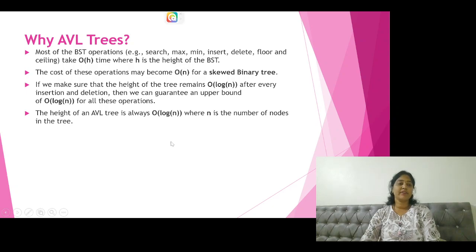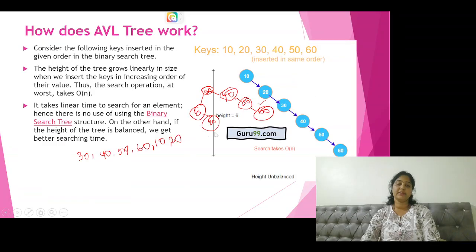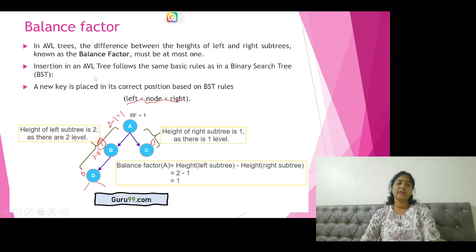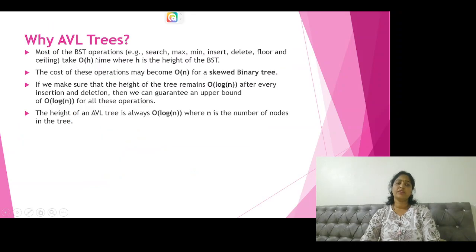The example we have seen is right skewed. In the last example, it is completely right skewed, right? Most binary search tree operations, like search, finding max and min, inserting and deleting elements, take order of h time, where h is the height of the binary search tree.